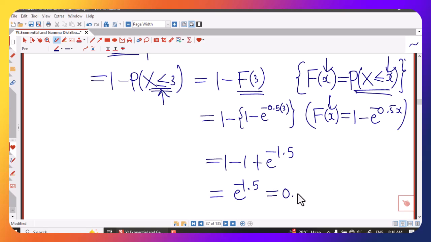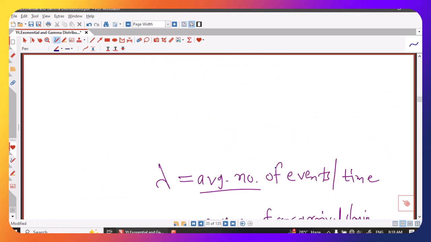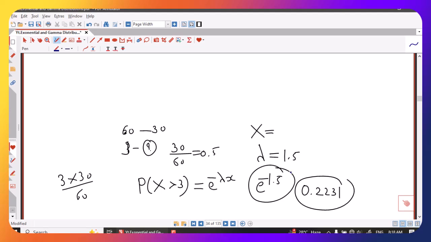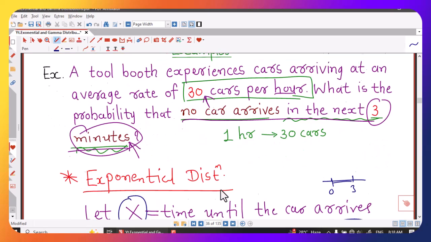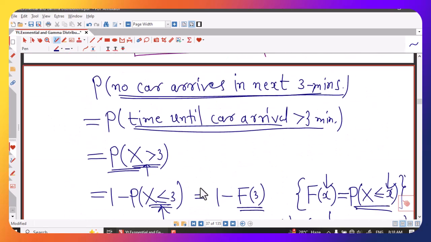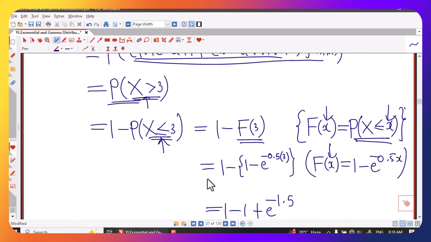This you can find out using a scientific calculator. It turns out to be 0.2231, up to 4 decimal places.